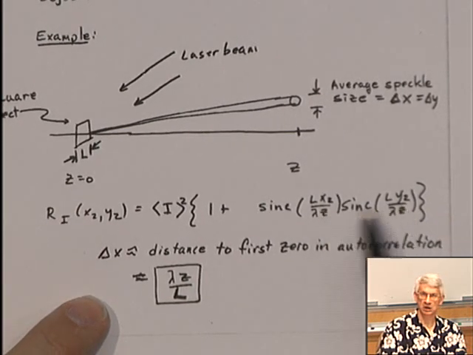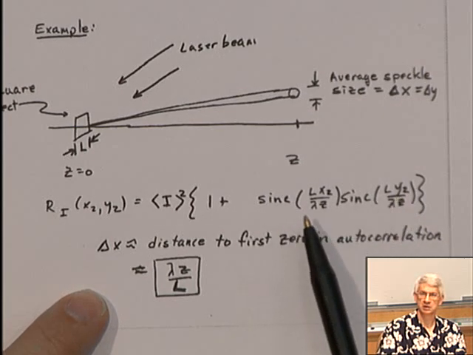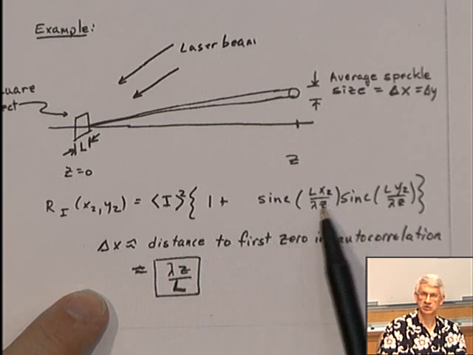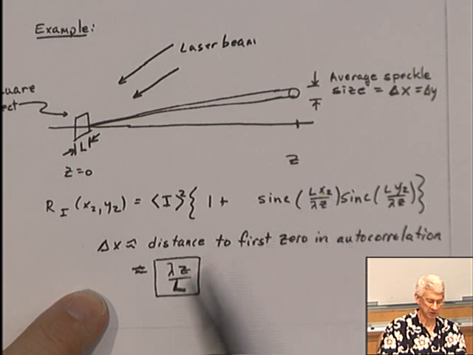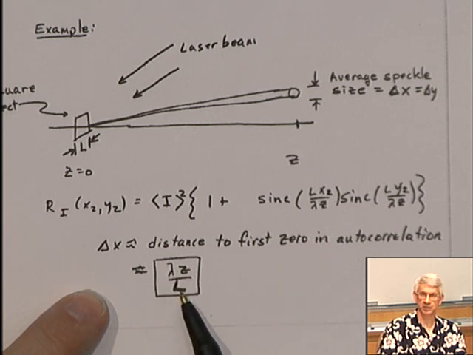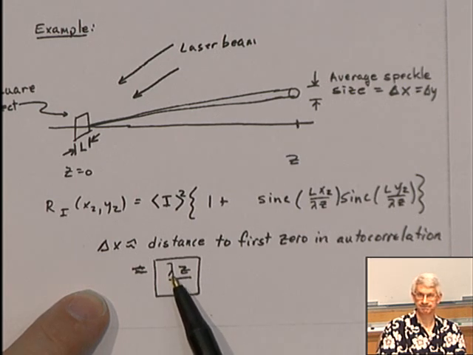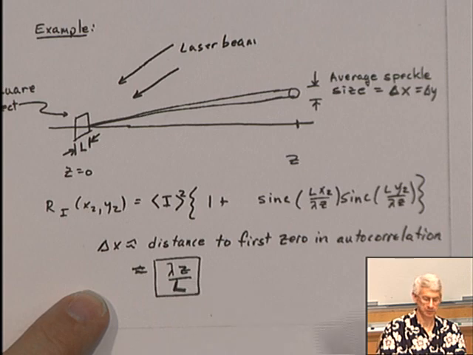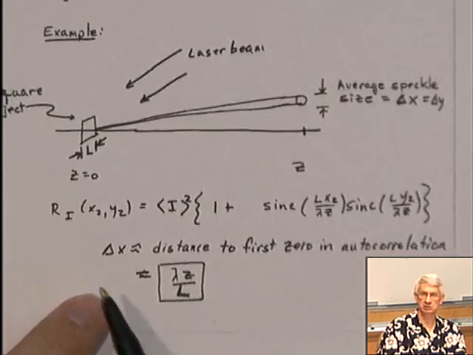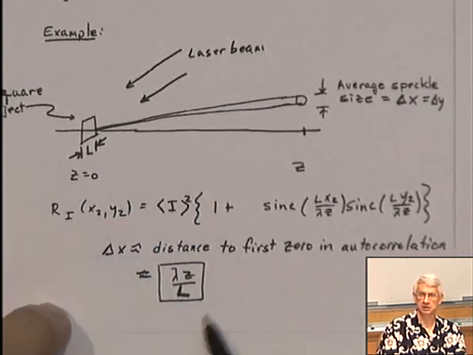They have the same arguments because L is the same length. It's a square. So the size of the speckle, if we just go to where the sinc pattern goes to 0, is just lambda z over L. So as L gets larger, the speckle size gets smaller. As z gets larger, the speckle size gets larger. As lambda gets larger, the speckle size gets larger. Okay, and vice versa.